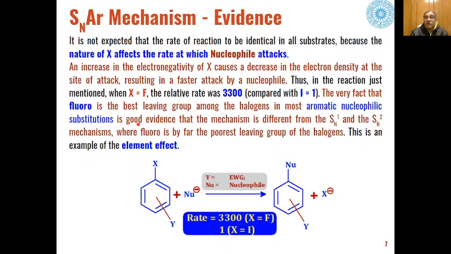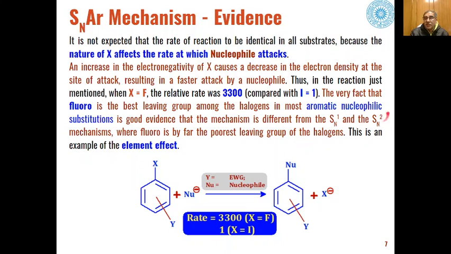So this is good evidence which tells us that the mechanism is different from SN1 or SN2 type of mechanism, because in SN1 and SN2 type of reactions, fluoro is the poorest leaving group amongst the halogens, and iodine is the most suitable leaving group.